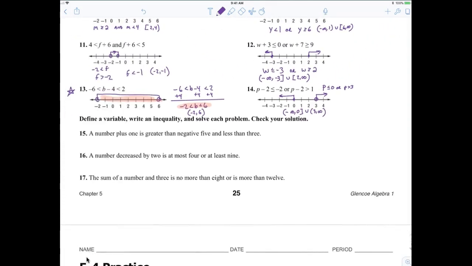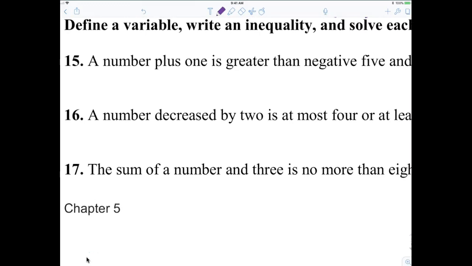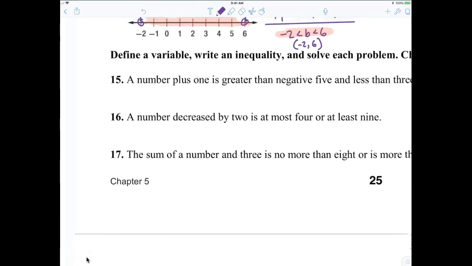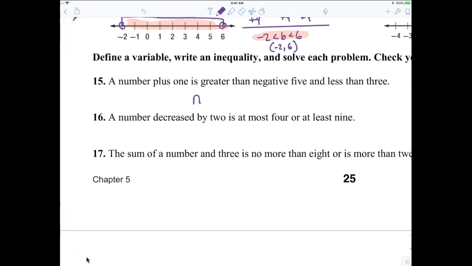So let's try. A number plus 1 is greater than -5, and the number is less than 3.